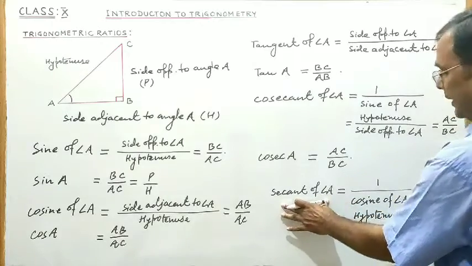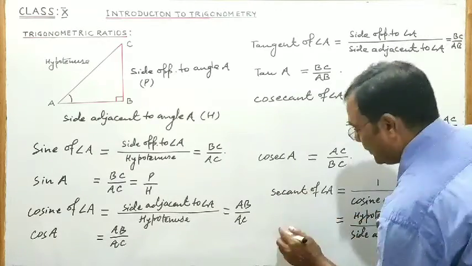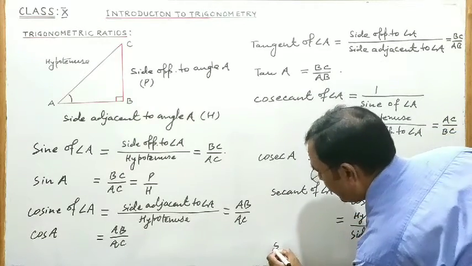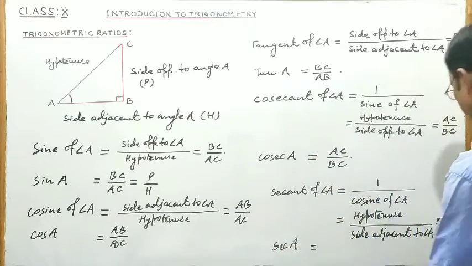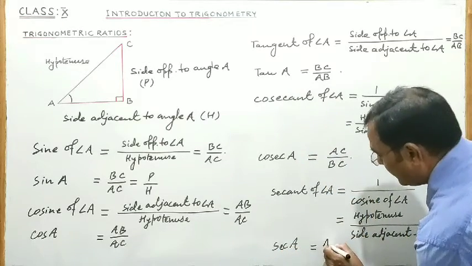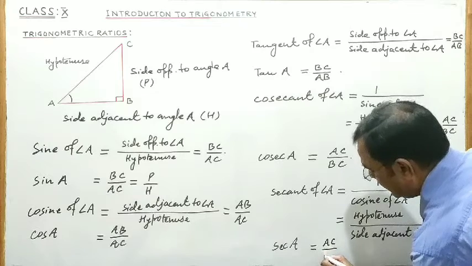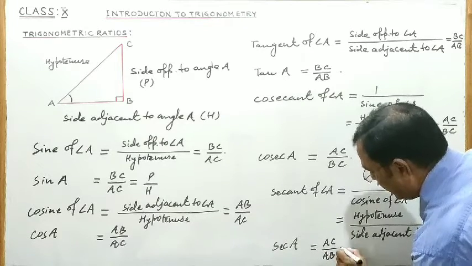The secant of angle A is abbreviated as sec A, which is equal to AC by AB.